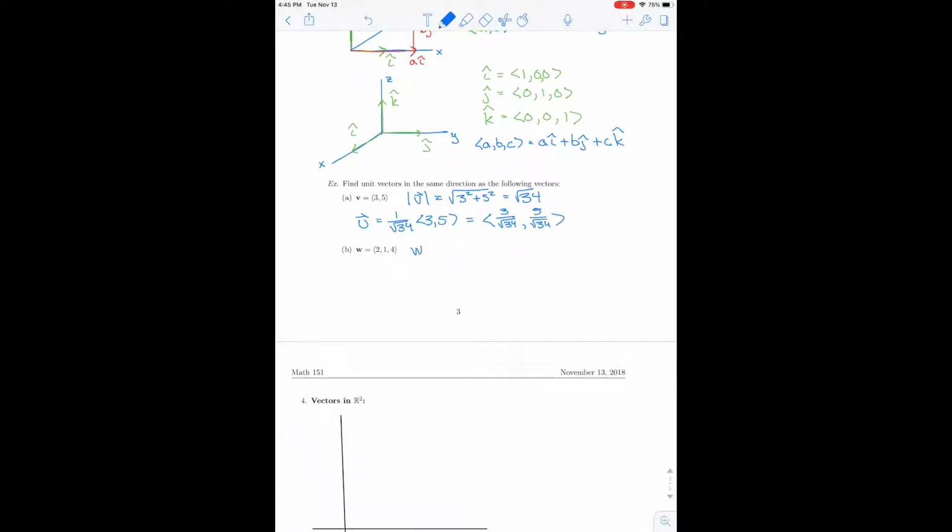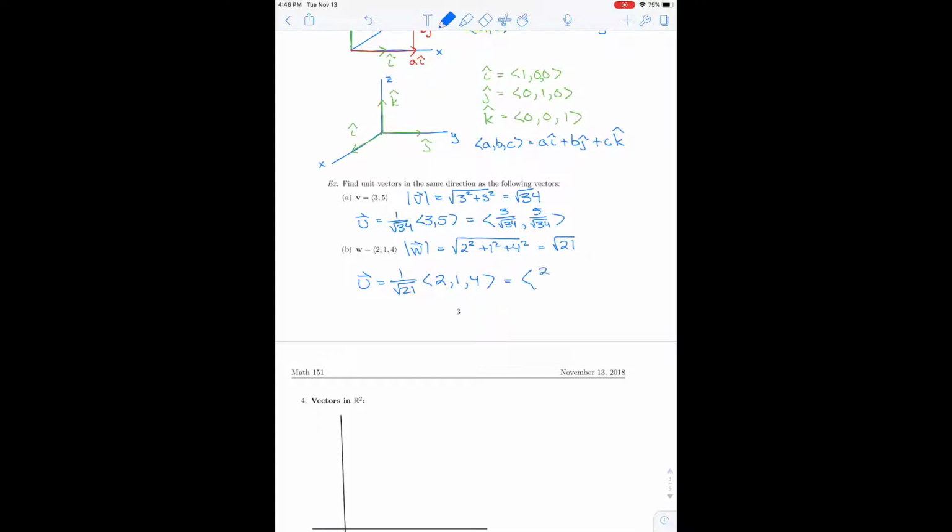For the vector W, the length, again, is the square root of 2 squared plus 1 squared plus 4 squared, which is the square root of 21. And the unit vector in the same direction as W is 1 over the square root of 21 times the vector 2, 1, 4.